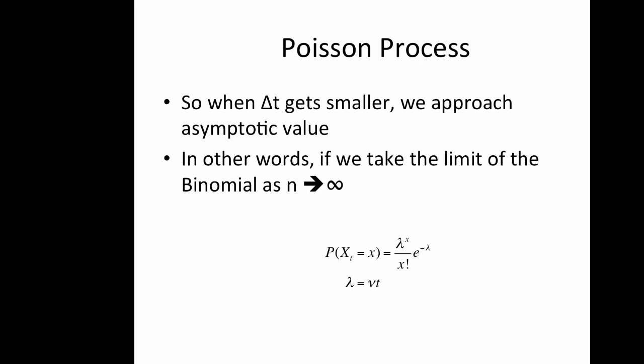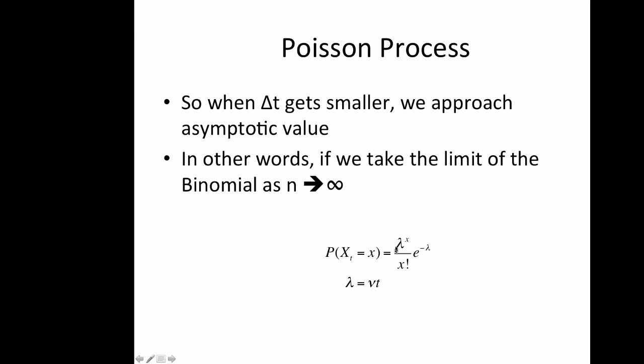So that example illustrates that when delta t gets smaller, we approach some asymptotic value. In other words, if we were to take the limit of the binomial as n goes to infinity, and your textbook goes through this derivation, we would end up with the PMF that was displayed a couple slides previously, which is the definition of the Poisson process.